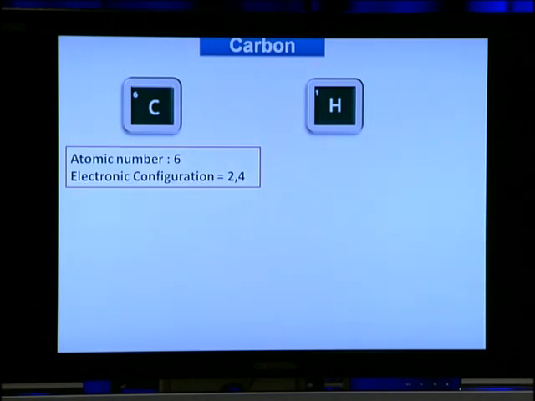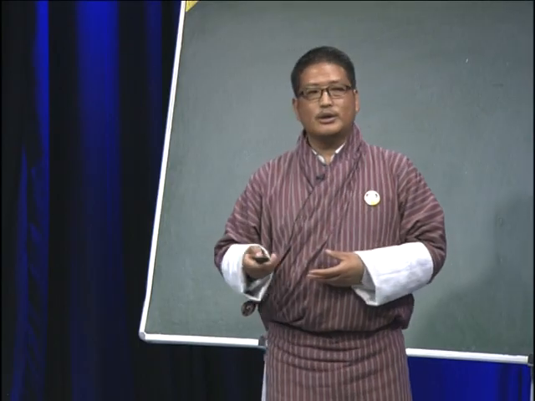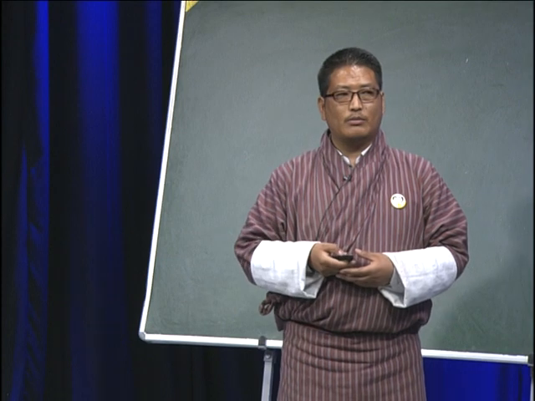Carbon has atomic number 6, which also means that carbon has 6 electrons in its atom. And you know the electronic configuration of carbon is 2 and 4. As such, carbon is not a stable atom.